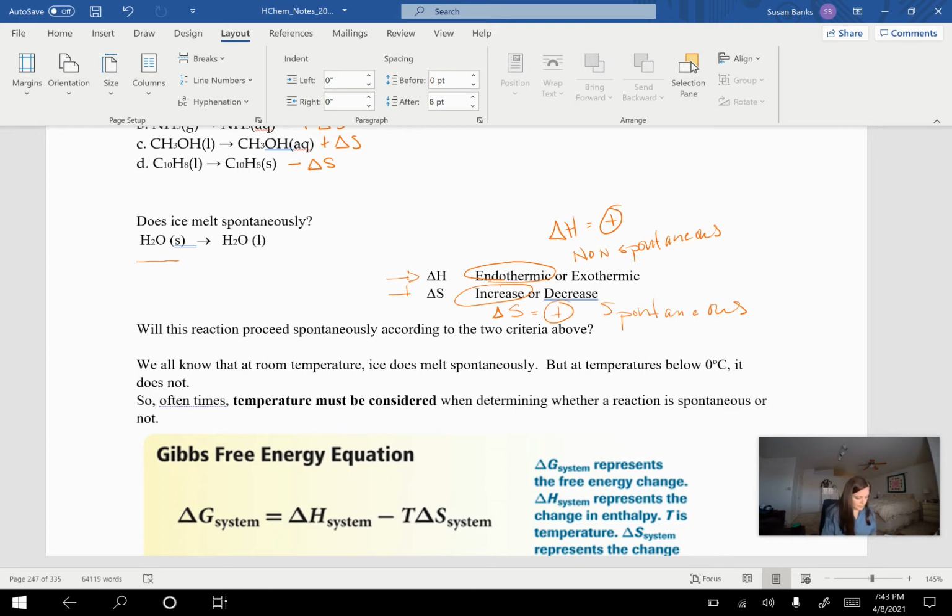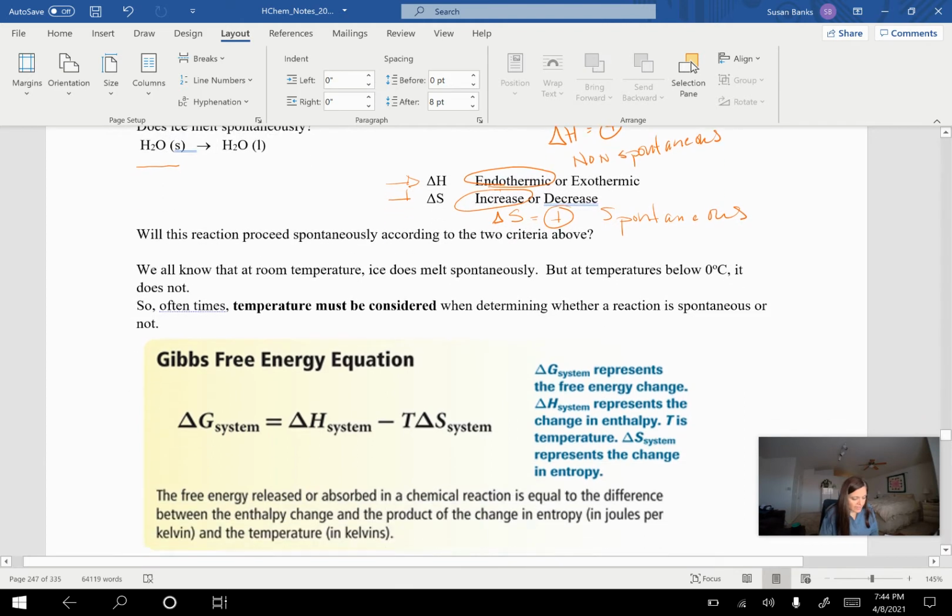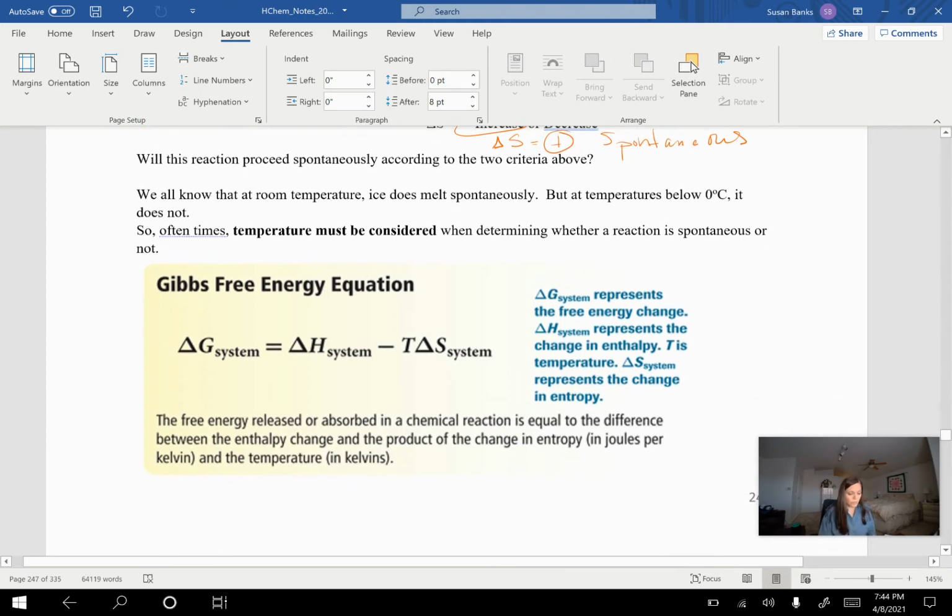So here we go. Temperature has to be considered when determining whether a reaction is spontaneous or not very often. So this is our equation. This is the Gibbs-Helmholtz law of free energy. The free energy of the system is equal to the enthalpy of the system minus the temperature multiplied by the entropy of the system.